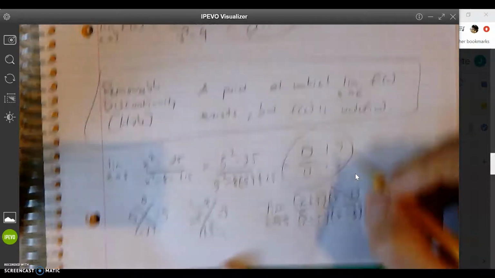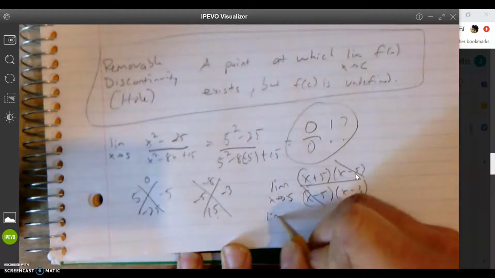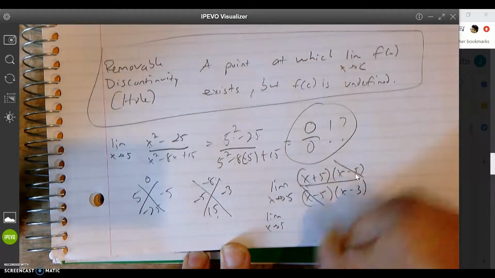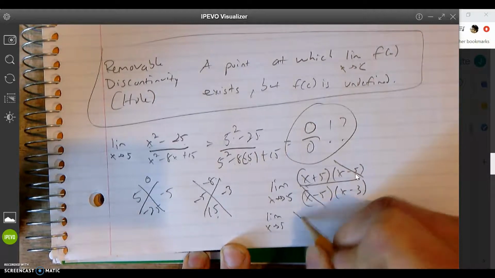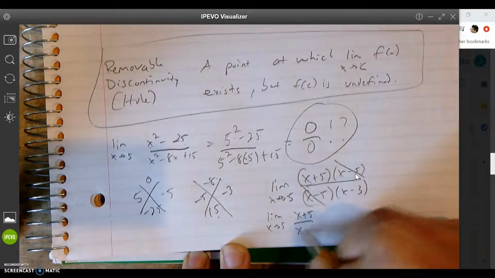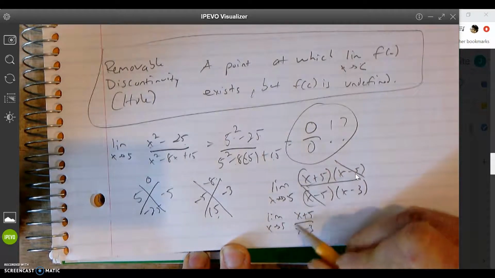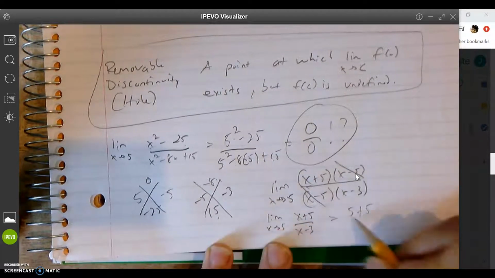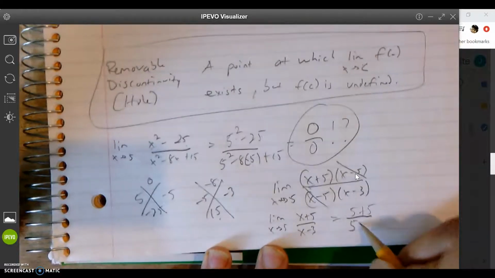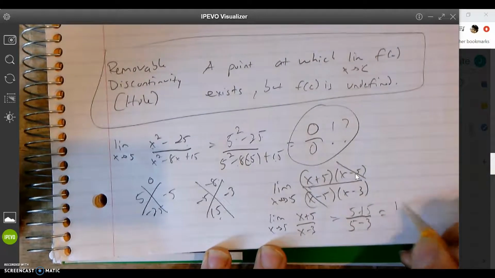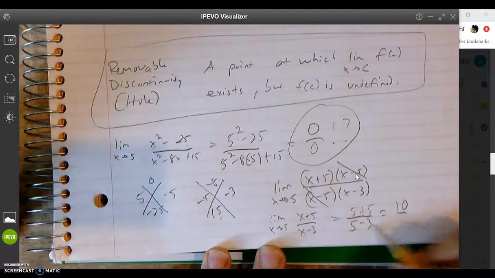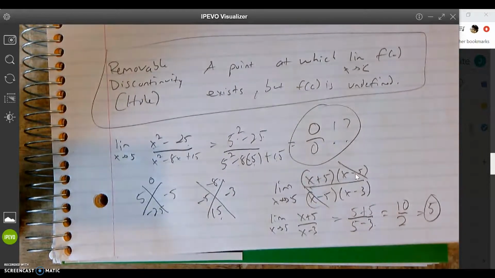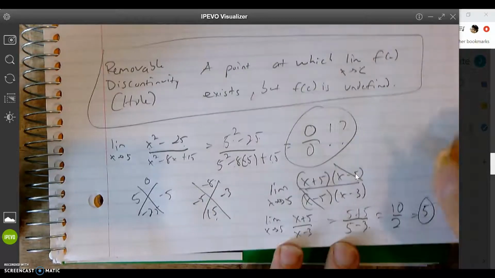Last step, the limit as x approaches 5 is x plus 5 divided by x minus 3. Plug in 5 here. 5 plus 5 over 5 minus 3, which is 10 divided by 2, which is 5. Got it. So what do we find out?